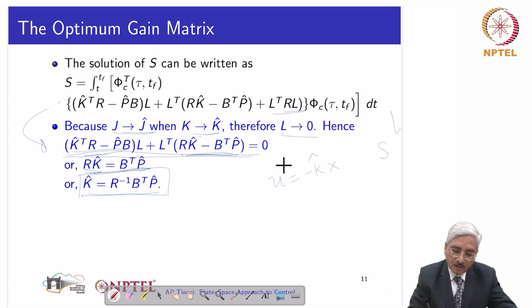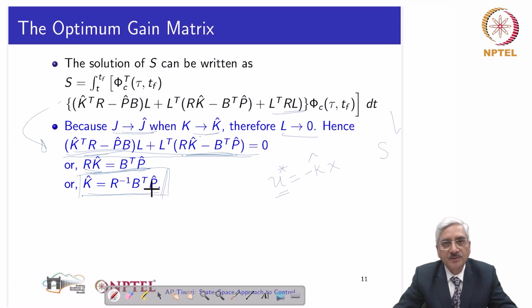This is the optimal control giving the optimal input. R inverse B transpose P hat, and P hat is the solution of the matrix Riccati equation that we have seen.